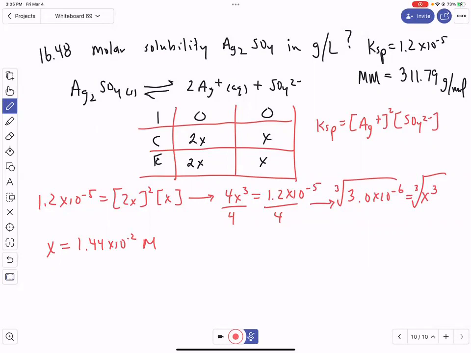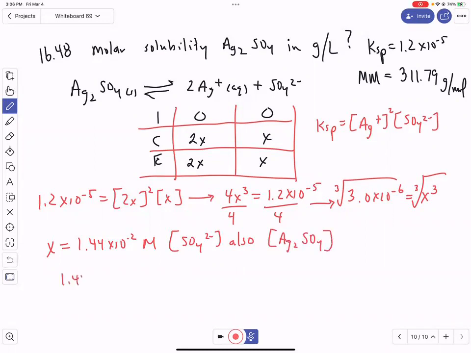X is the concentration of sulfate. Because it's 1-to-1 silver sulfate to sulfate, x is our molar solubility of silver sulfate, right? That's our concentration of sulfate in solution. And that's also our concentration of silver sulfate in solution.